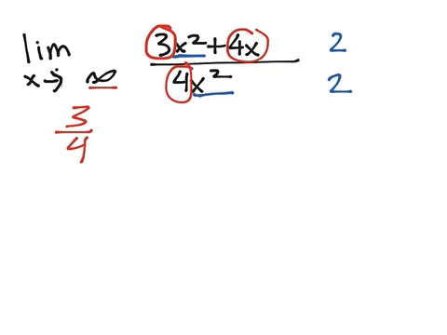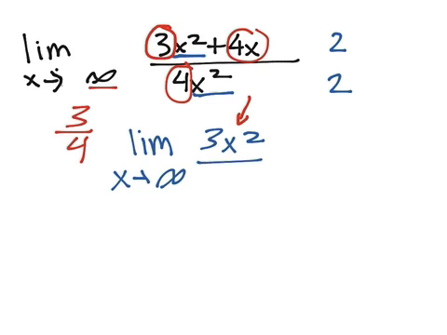So because it's dwarfing the 4x term, it's the same thing as saying the limit as x approaches infinity of 3x squared over 4x squared.